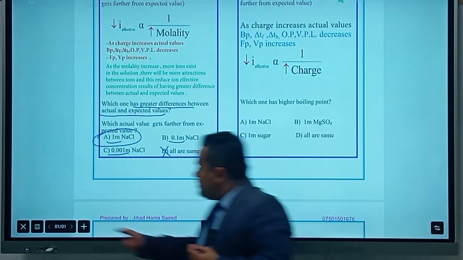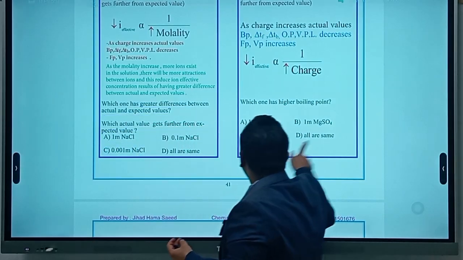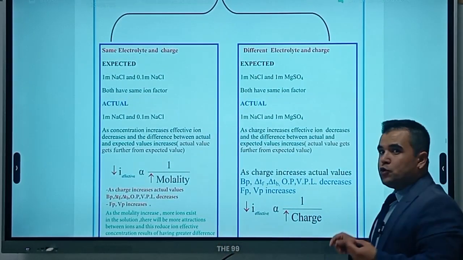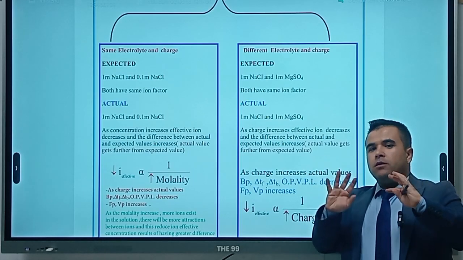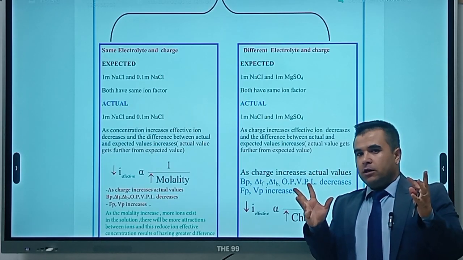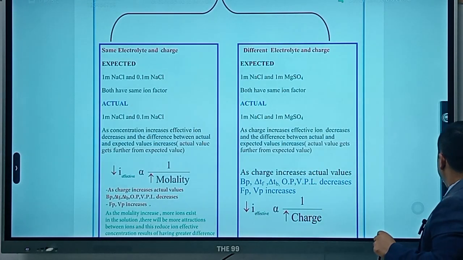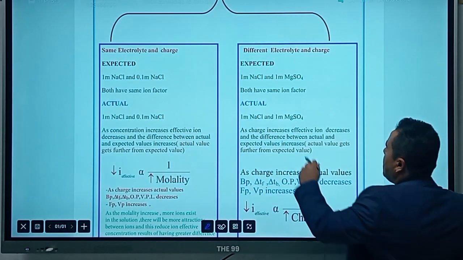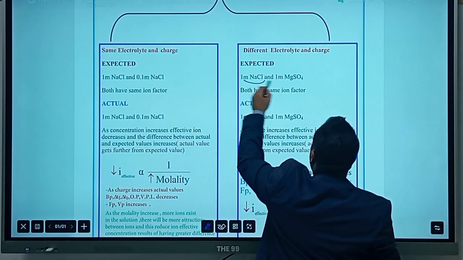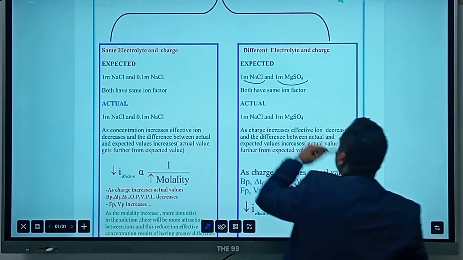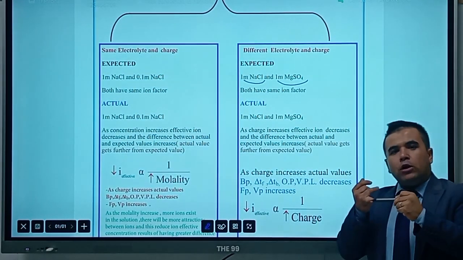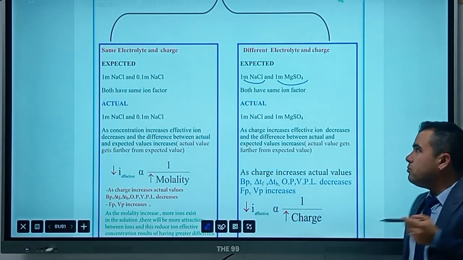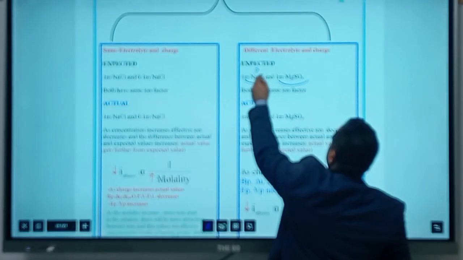How about, guys, if the concentration cannot decide, when the solutes, the electrolytes, are different electrolytes. For example, suppose we have 1 molar of NaCl and 1 molar of MgSO4. They have the same molarity and the same ion factor. The ion factor of each of them is 2.